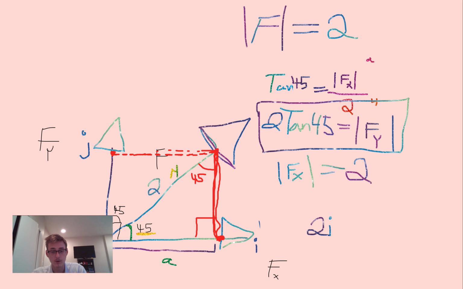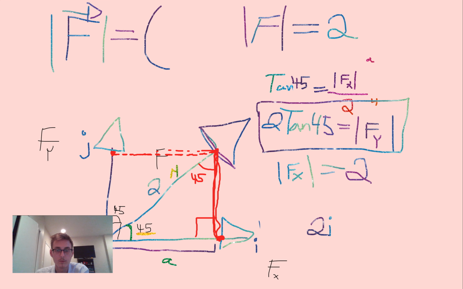So to complete this, if we wanted to express our vector f in terms of its components, it would be 2i.